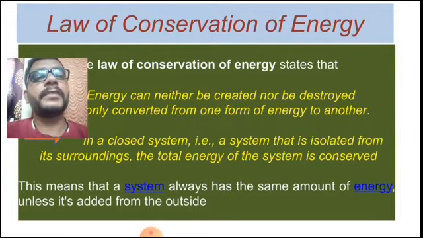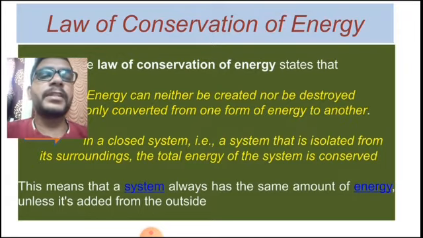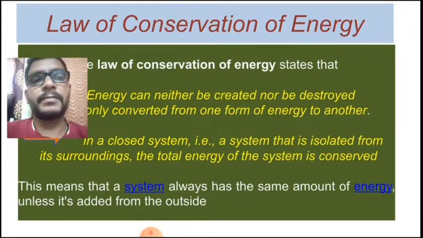Otherwise, if energy is given to the system, that energy may vary. That is not a conserved system. Here the condition is that the system should be a closed system. Understand?